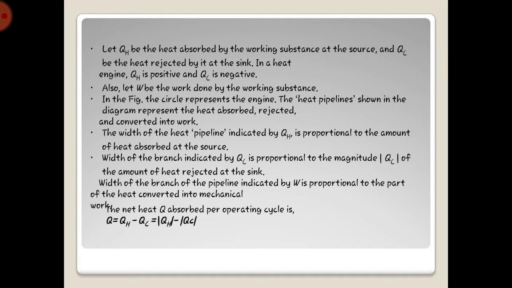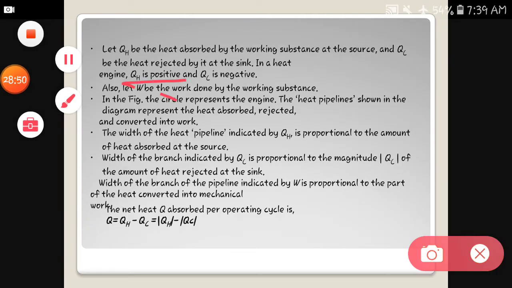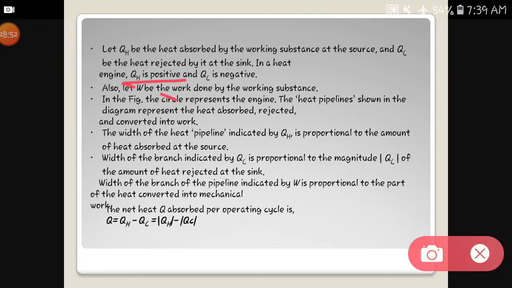Now what will be the sign conventions for both of them? One of them is positive and the other one is negative. As QH is being absorbed, QH is positive, and as QC is being rejected and given out to the sink, QC is negative.